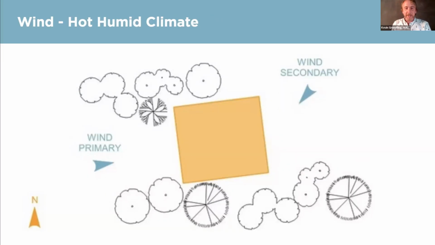We want the sun to come in on the south side. That'll help warm up the space and keep it comfortable while blocking out the wind. Secondarily, let's look at a hot, humid climate with a primary wind that's coming in almost directly from the west, and a secondary wind that's coming in out of the northeast.